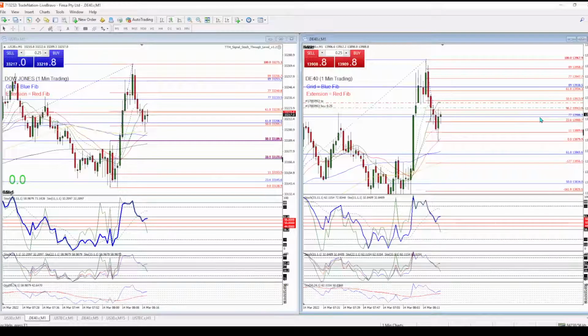Support currently the 77 off the 1 minute grid. So close to taking profit there on the DAX.